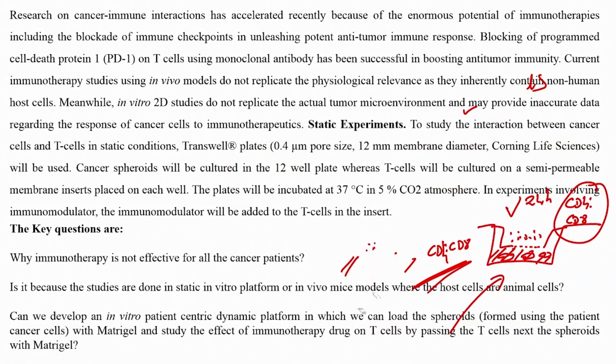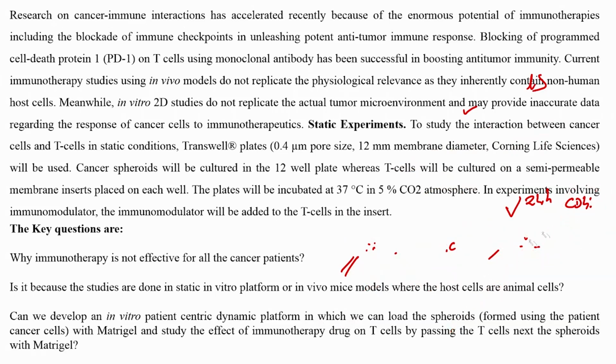And of course, when you do this, you have to keep the plate in an incubator to maintain the 5% CO2 and 37 degrees centigrade atmosphere, so that the cells would not die, and the T cells can be kept in ImmunoCult, which is the media for keeping the T cells alive.